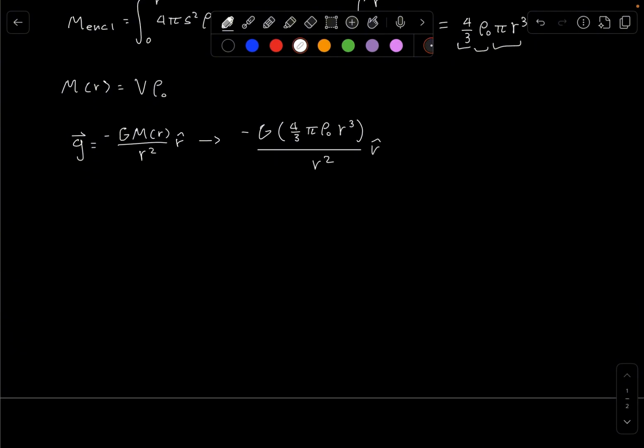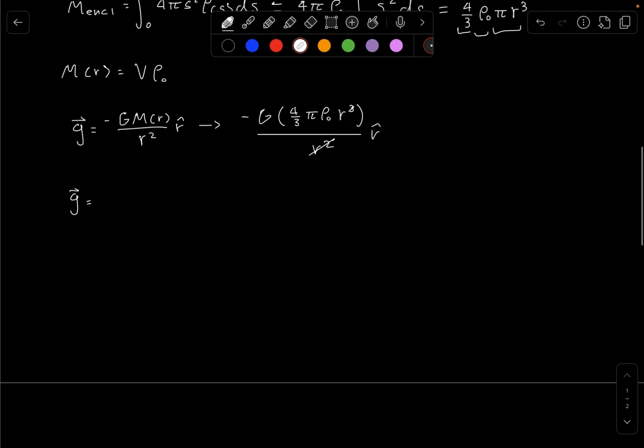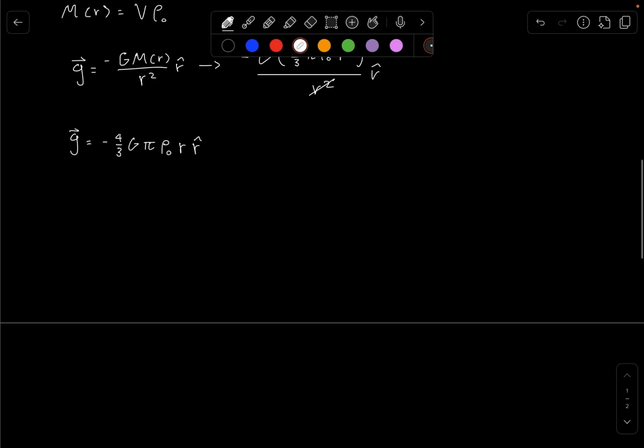Then obviously the r cubed and r squared reduce, and you get that g is equal to negative 4/3 G pi rho naught r in the r hat direction.